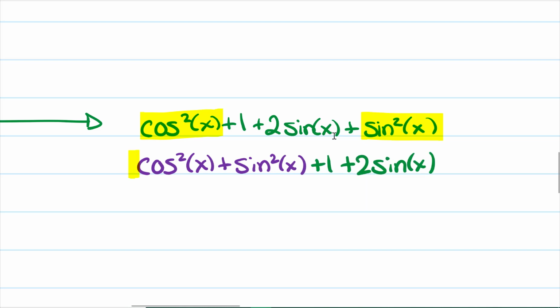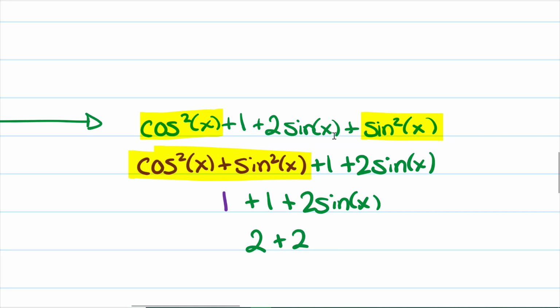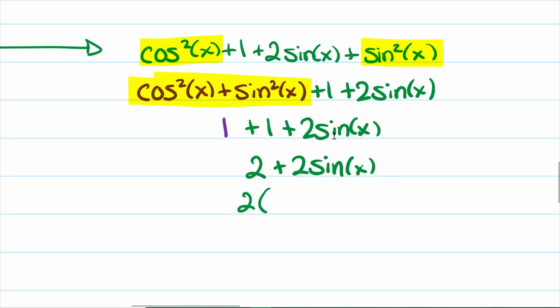Because right here, now I have my identity: cosine squared plus sine squared is equal to 1. So plus 1 plus 2 sine of x. So I'm going to get 2 plus 2 sine of x. And then I can factor out a 2, and I'm going to get 1 plus sine of x.